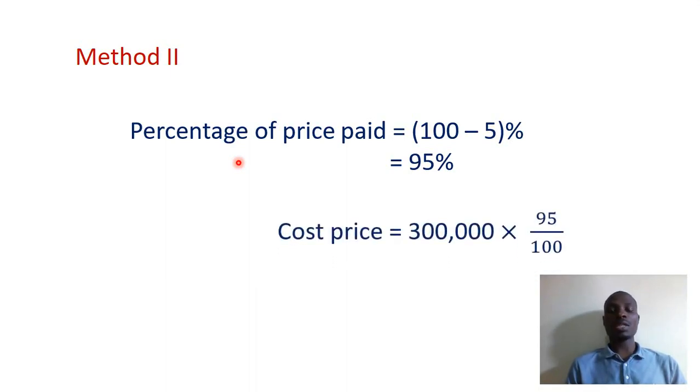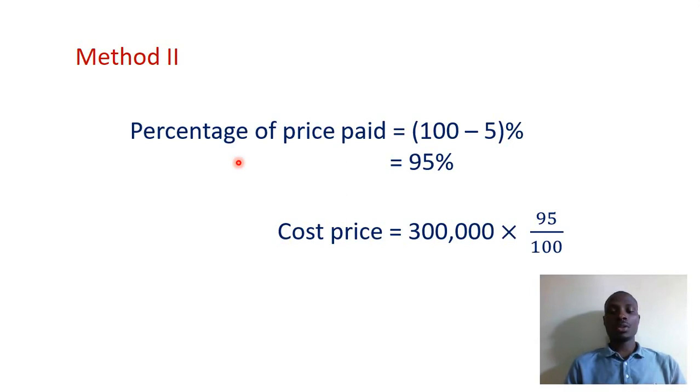So the cost price of the radio is going to be 95 over 100 times 300,000 shillings. And using our calculator again, we get 95 out of 100 times 300,000.